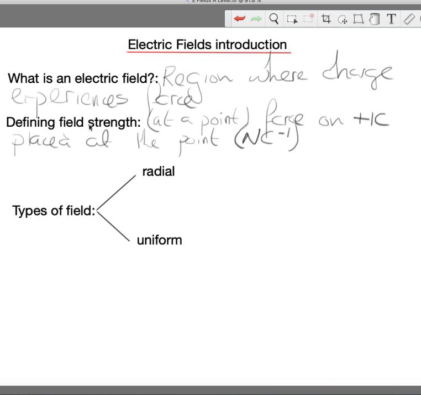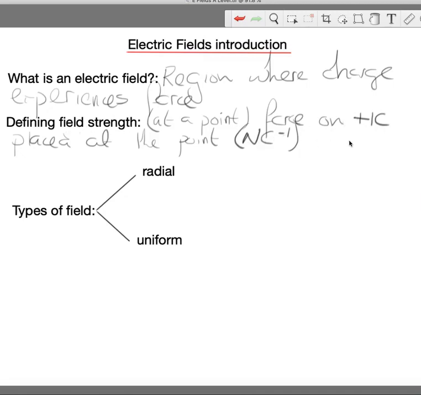And I've compared and contrasted that to gravitational field strength because with gravitational fields we don't have negative mass, and so we don't have to talk about plus 1 kilograms. It is 1 kilogram. But with charge we have both positive and negative charge, and so we have to define what we mean by the unit charge, because force is a vector, it has a direction.